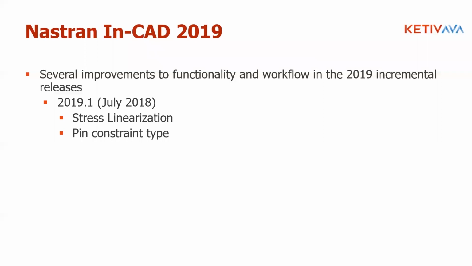There's a new pin constraint type. There was a new pin constraint type that was introduced in this release. And there was also something called signed stresses for fatigues. So in a multi-axial fatigue study, you now have an option to either look at the stresses just as absolute values, or you can actually have the positive or the negative sign attached to it. Positive meaning tension and negative meaning compression. So it allows you to differentiate between the two types of stresses.